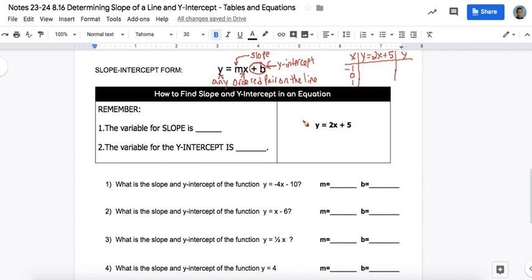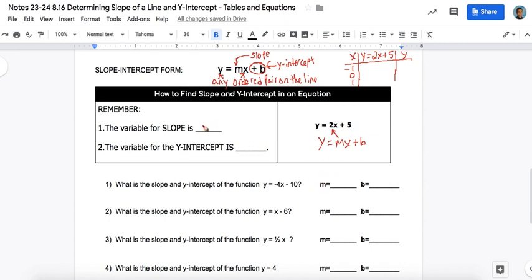Okay. So now take a look at our equation here. We have y equals 2x plus 5. So if we remember, our slope-intercept form is y equals mx plus b. Our slope is going to be that number in front of the x.